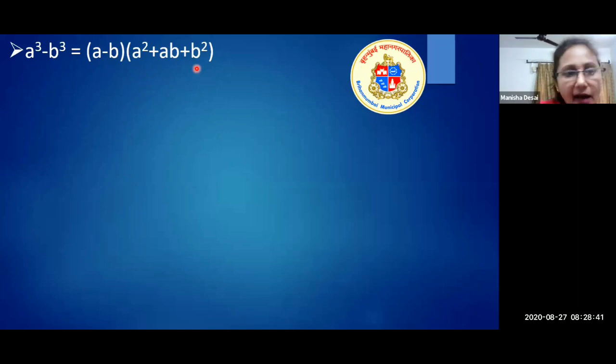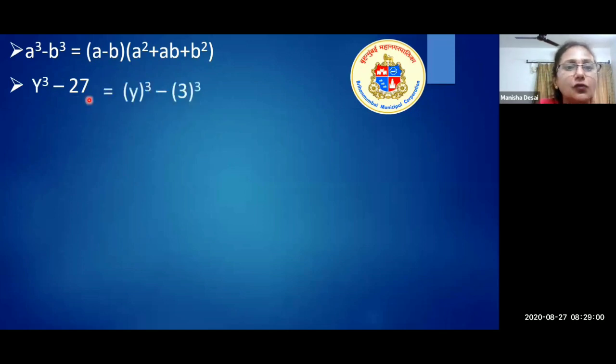Let's see the example. The first example is y cube minus 27. So you have to think of the cube root of 27. What will be the cube root of 27? 3. Very good. So this y cube minus 27 can be written as y cube minus 3 cube. And now we are going to use this formula to find the factors of this.